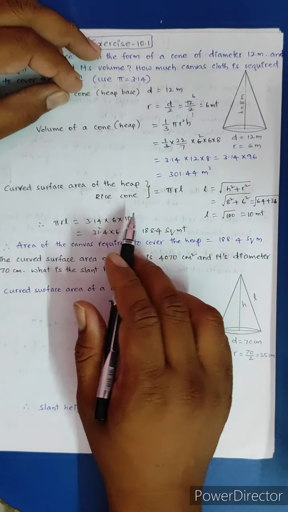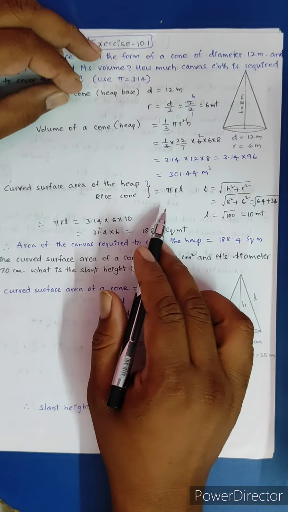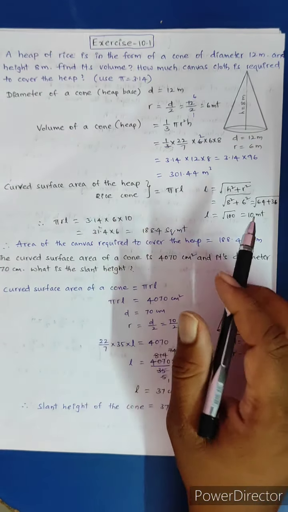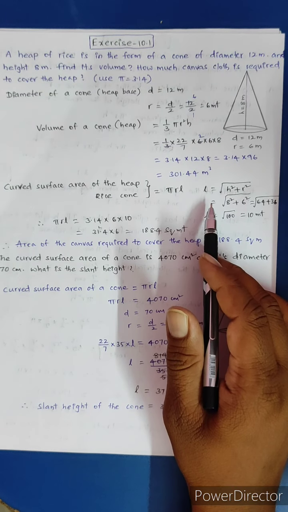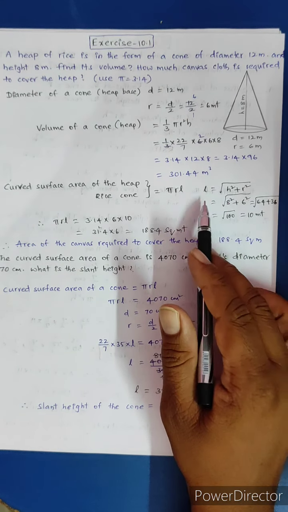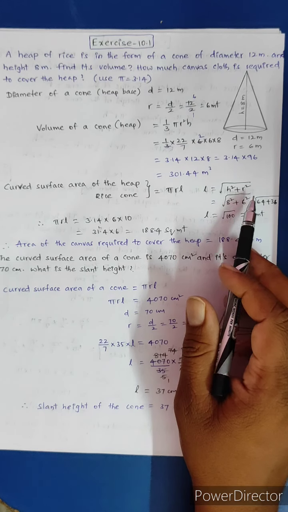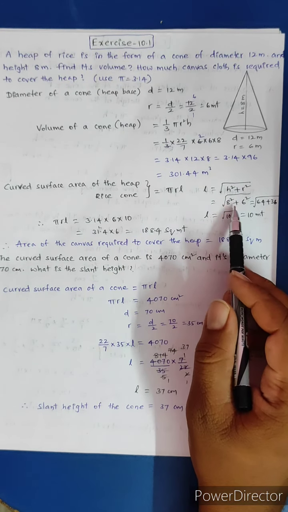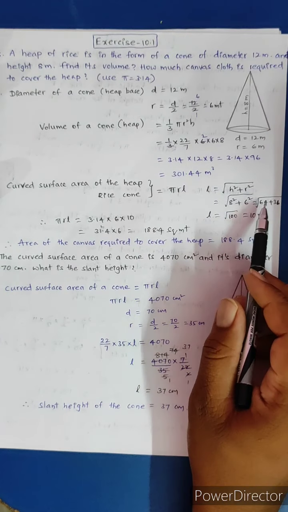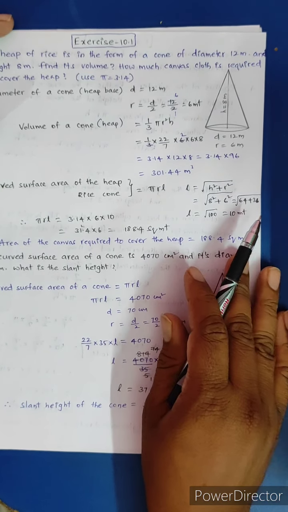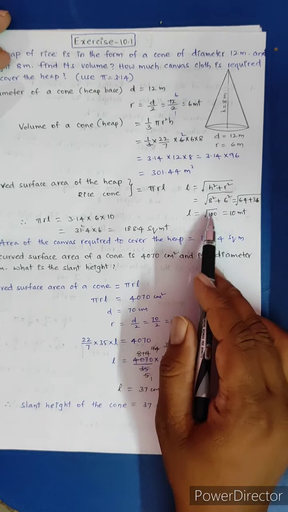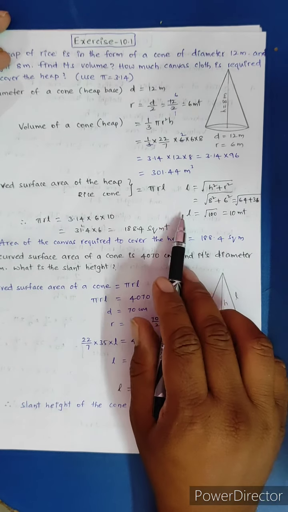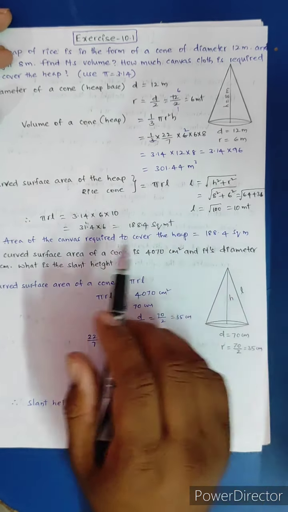Now the curved surface area of the rice heap cone is pi r l. To find the slant height of any cone, l is equal to square root of h square plus r square. This is the formula. Height 8, radius 6: 8 square plus 6 square, 64 plus 36, their sum is 100. Square root of 100 is 10 meters. Now slant height l is 10 meters.